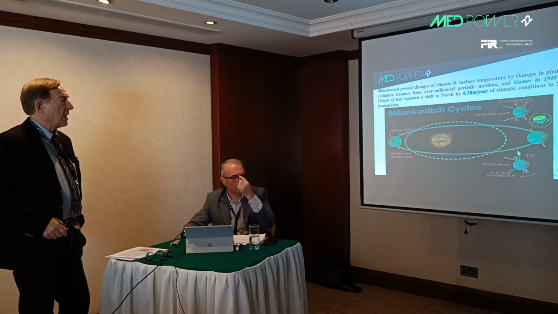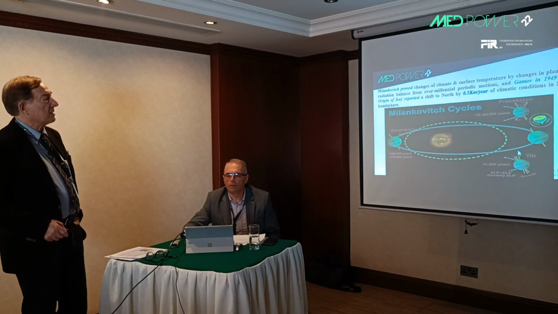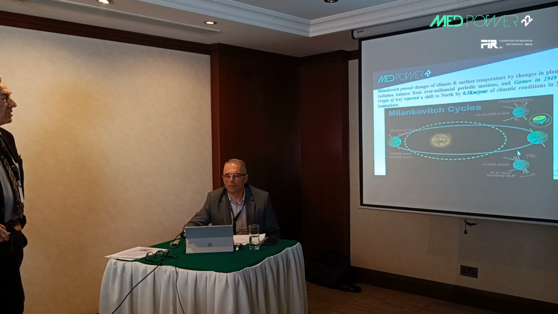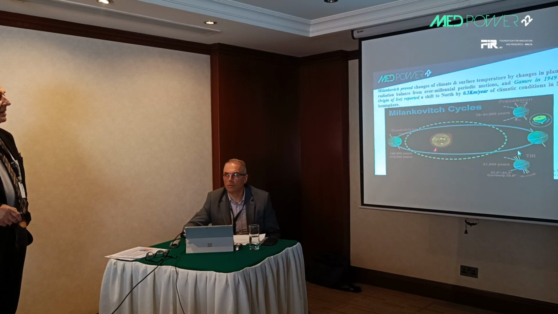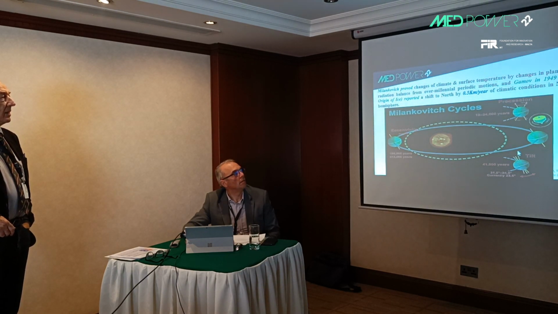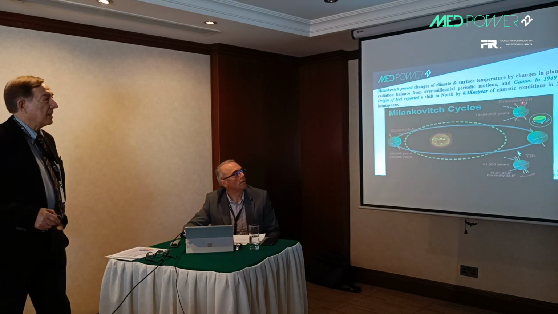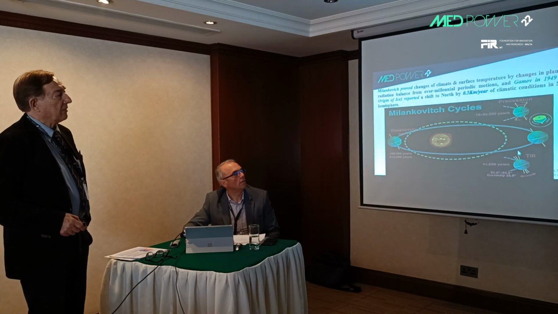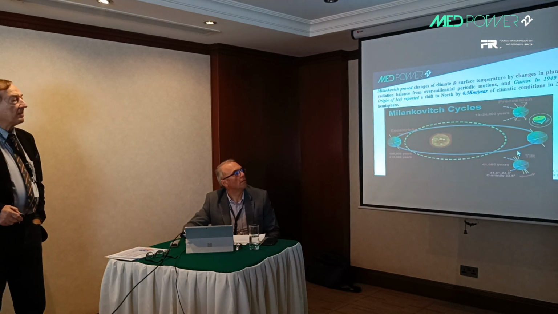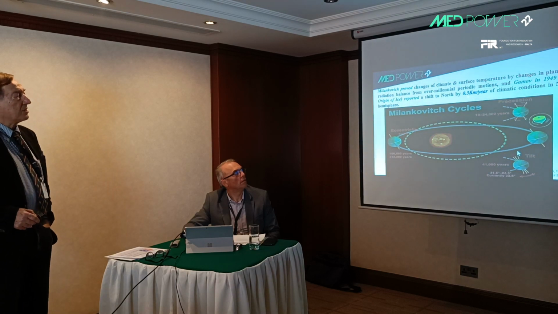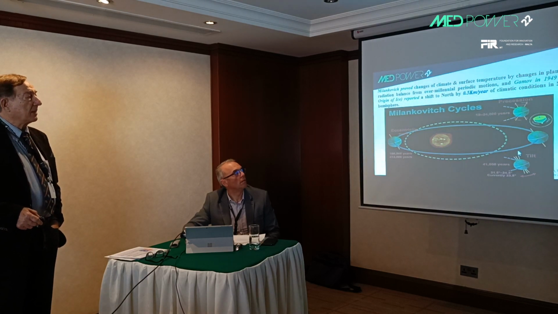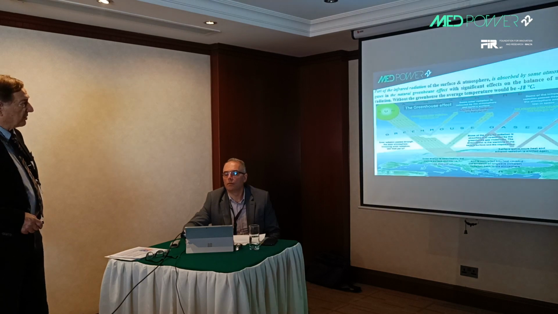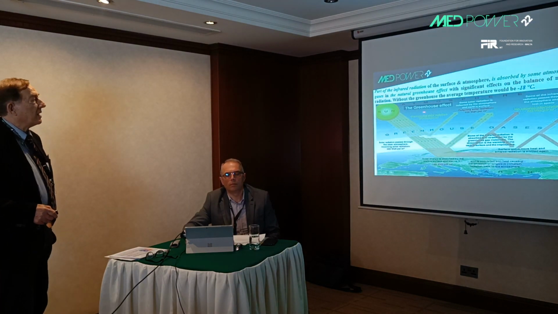Milankovitch proved change of climate and surface temperature by changing planetary radiation balance from over millennium periodic motion, and Gamov in 1949 says that there is a shift to the north of climatic conditions in the Northern Hemisphere.